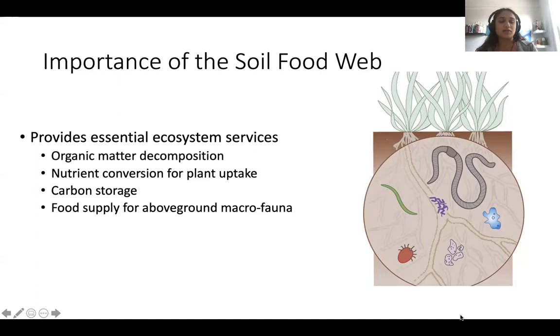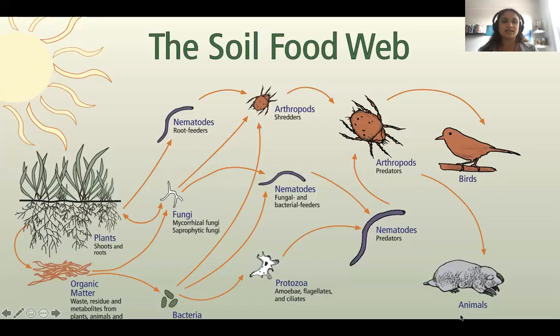The soil food web also plays an important role in carbon storage, as well as being a food supply for above ground macrofauna, as the below ground soil food web is highly interconnected to above ground macroorganisms.